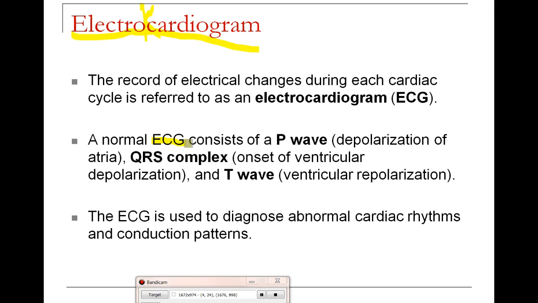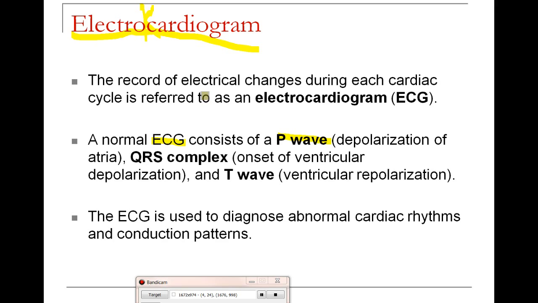A normal ECG consists of 3 basic waves. It has a P wave, which is when the atria depolarize, a QRS complex, which is when the ventricles depolarize, and then a T wave when the ventricles repolarize.